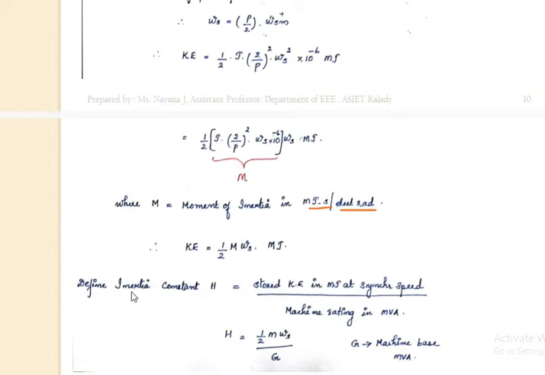Clear? And another term we need to familiarize here is inertia constant H. Again it is something like moment of inertia itself. We are defining one more term, inertia constant, which is the stored kinetic energy in a machine divided by the rating of the machine.